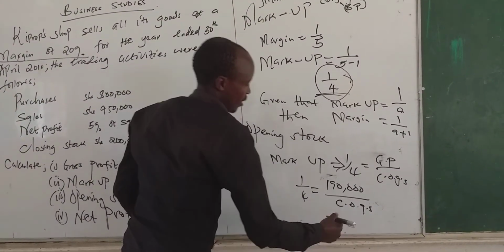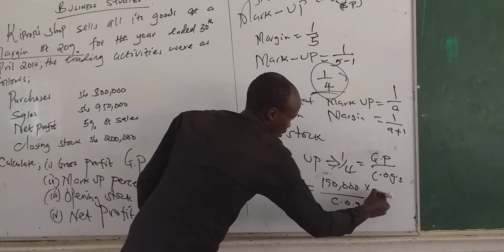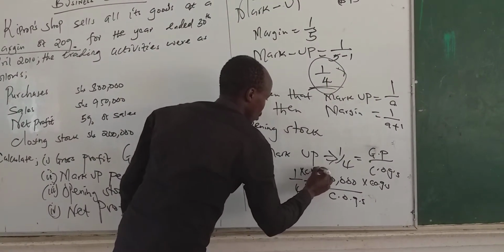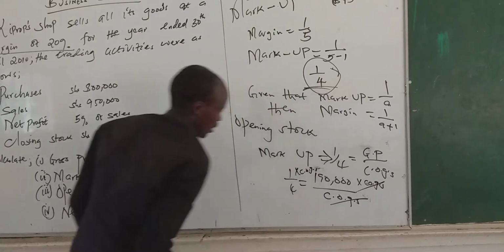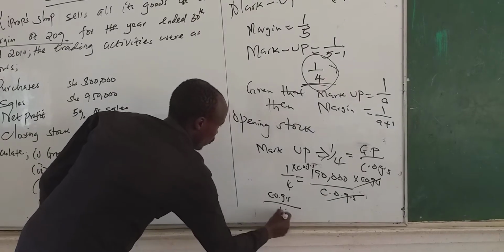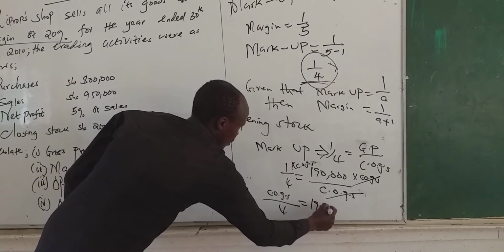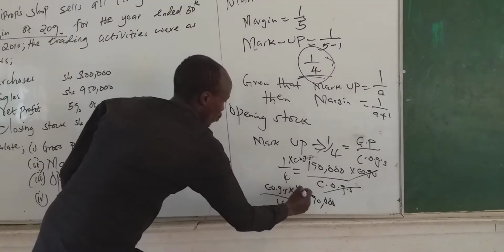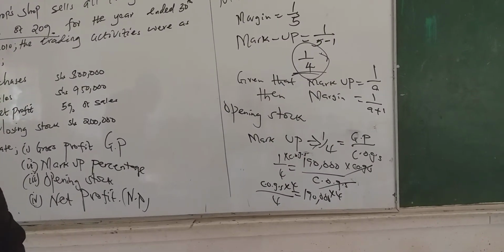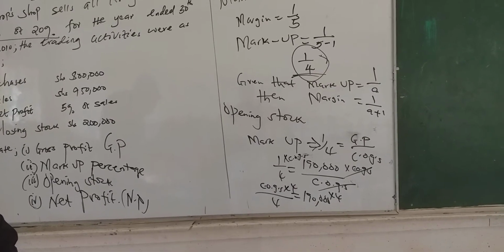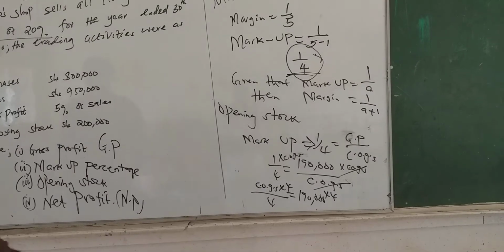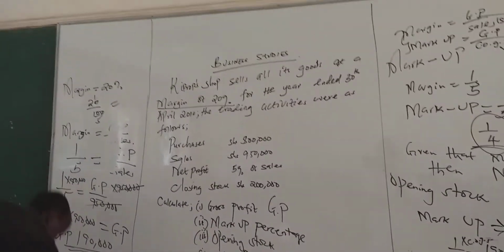So here we can multiply both sides by cost of goods sold. That will cancel, and we'll remain with cost of goods sold over 4 is equal to 190,000 by 4, both sides by 4. 190,000 multiplied by 4, whereby we'll have 760,000.